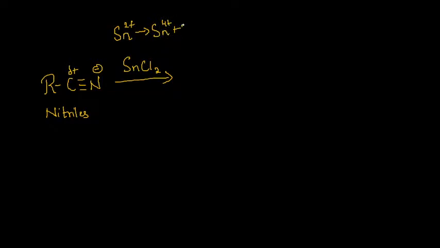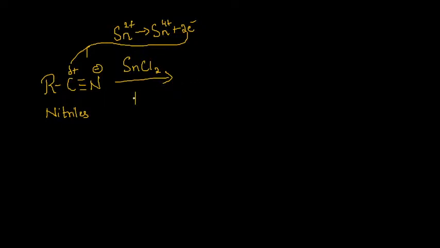And where will these two electrons go, dear students? Yes, two electrons will go towards the carbon atom. So what happens, students, when two electrons go towards the carbon atom? Yes, the carbon atom gains a negative charge.